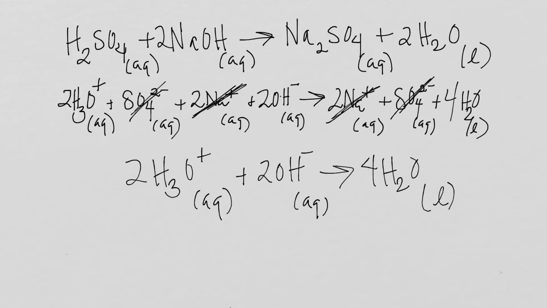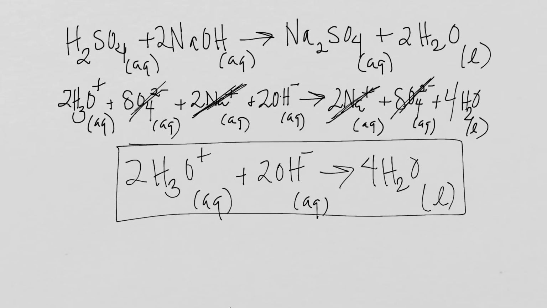So really what you have, and that shows you this when you write out this whole thing, is that this powerful neutralization reaction of a strong acid and a strong base is water forming. Because really this is the active part of the acid, and this is the active part of the base. And when you put those together, you get water. And so that is the net ionic equation for this neutralization reaction. So this right here is your net ionic equation.